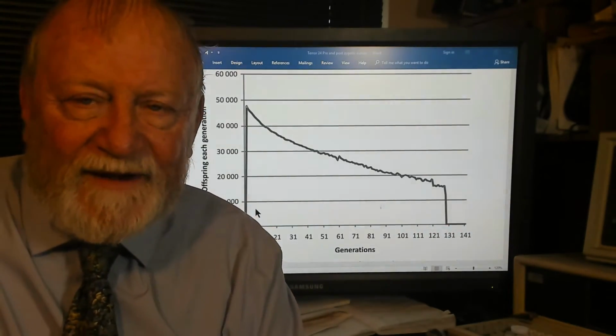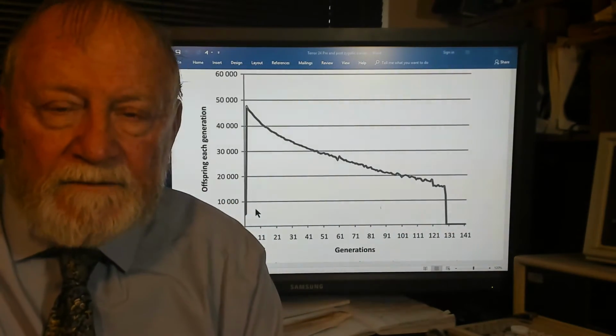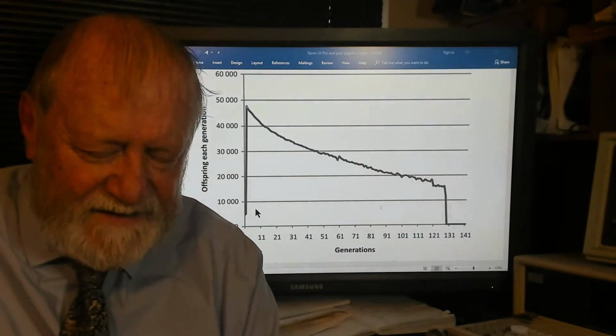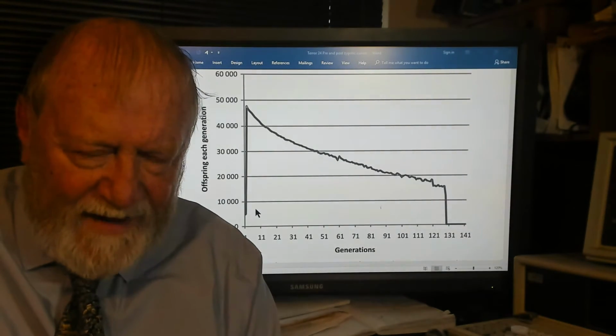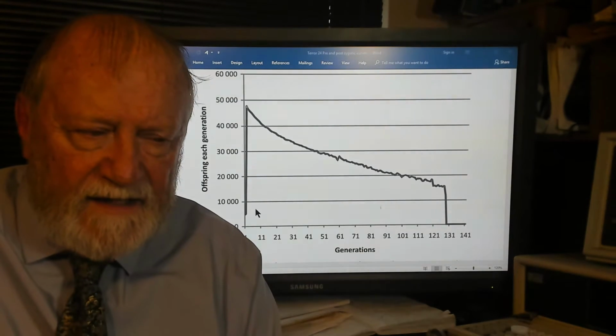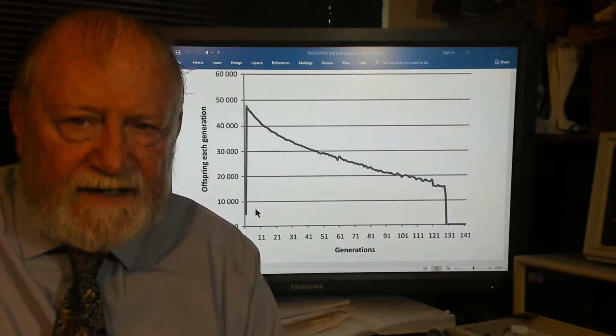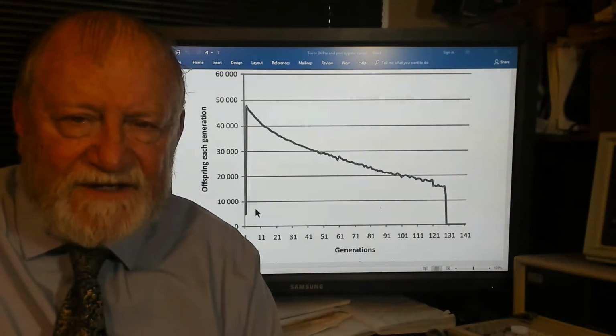Stuck a few more in, but that drop is unmistakable, and it is inherent in pre-zygotic infertility. You can work around it, but that is the nature of the beast. You go out, and then in comes just absolute no babies.